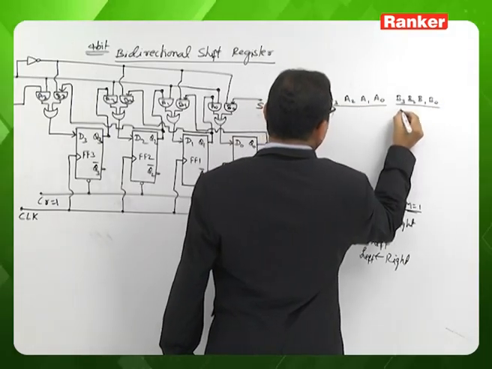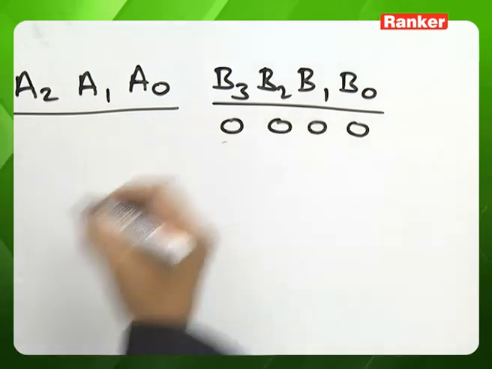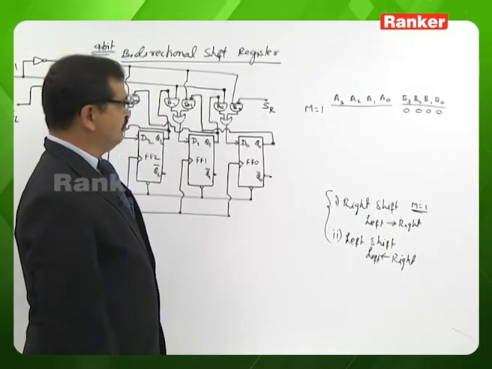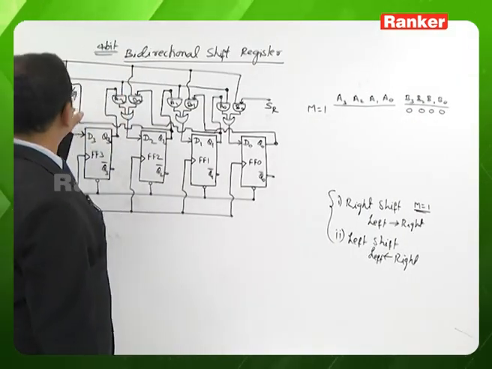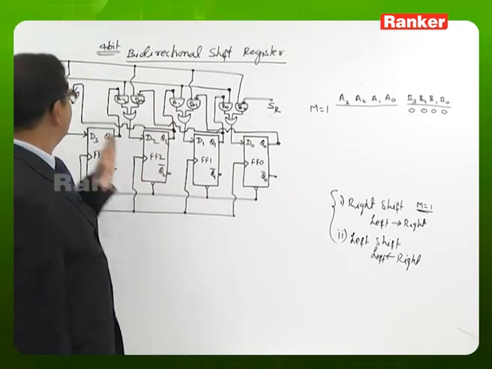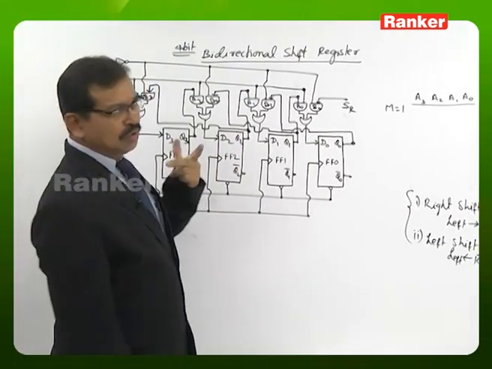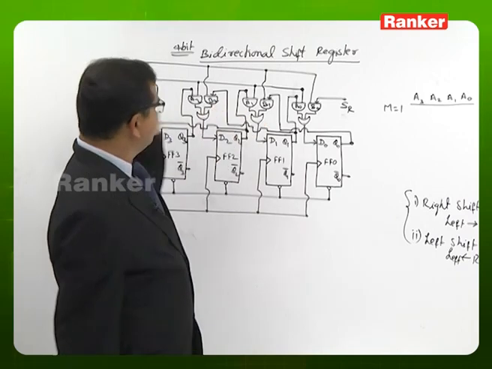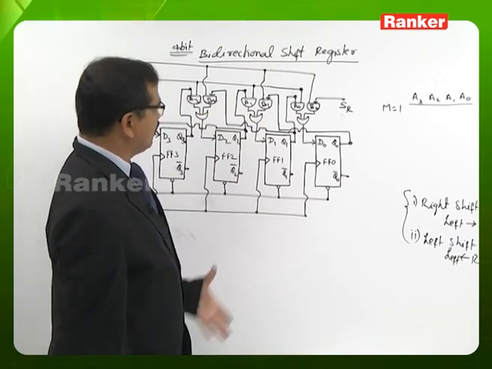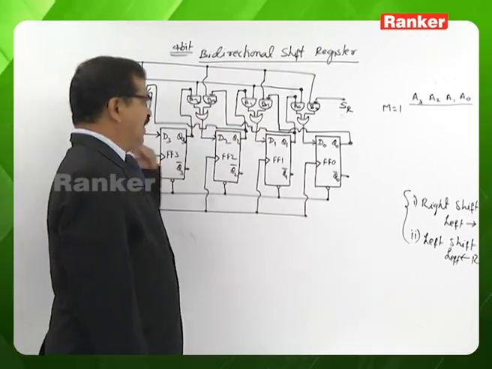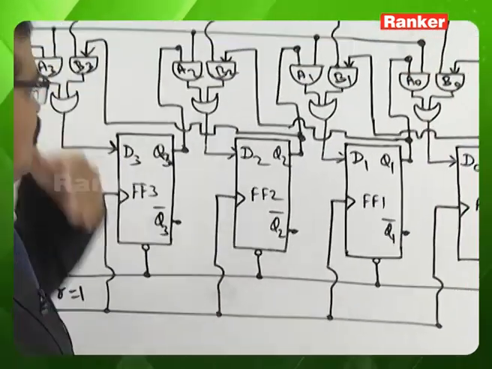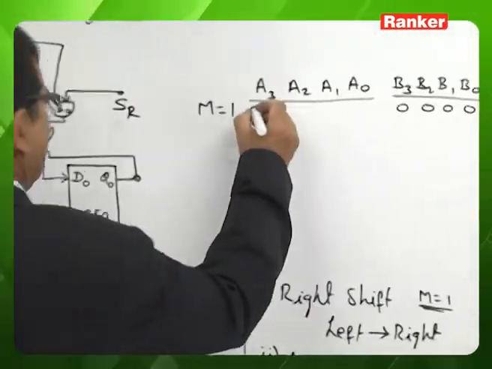So the outputs of these B gates are 0 because M complement is the input to the B gates. Hence B3, B2, B1, B0 outputs are 0, and A3, A2, A1, A0 are enabled.